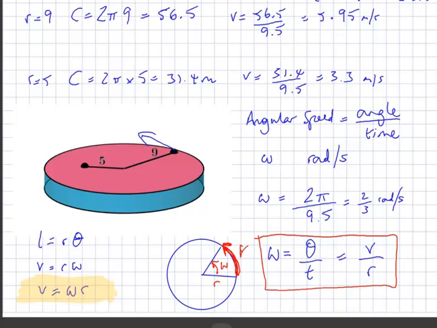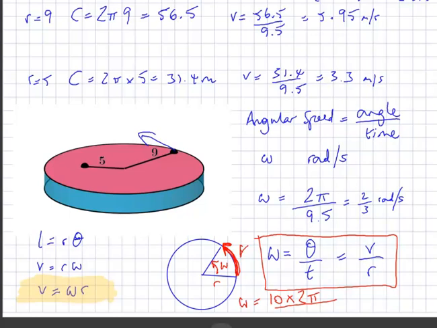So if I have a scenario of something spinning at, let's say, 10 revolutions per minute. Well, then, okay, 10 revolutions is 10 lots, so angular speed is going to be 10 lots of 2 pi, that's 1 revolution, per minute.